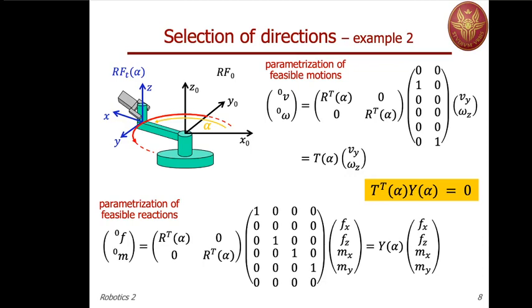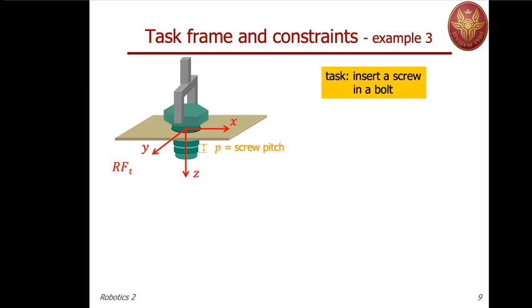Okay. The last example is the most sophisticated that I will present. Of course, many more can be considered, which shows that we really need to work with screws, with 6-dimensional vectors. And to understand also the terminology of screw, let's consider a task where we are really inserting a physical, real screw into a bolt.